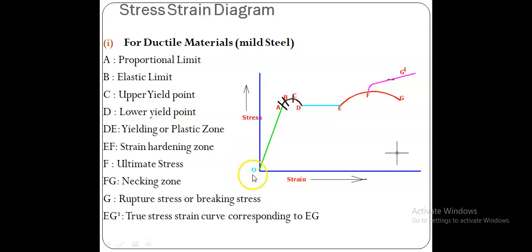Like that we can calculate the different elastic stresses corresponding to different loads up to this point B. Then if I want to know the stress exactly at the proportional limit, we just find the stress at the point A, that is the proportional stress at the proportionality limit.